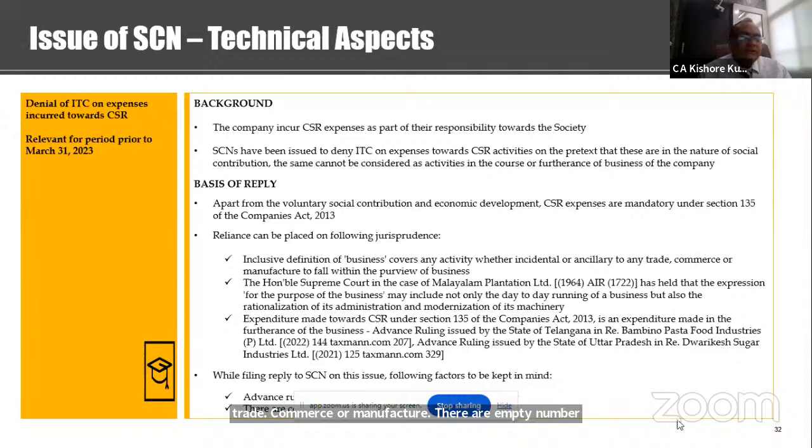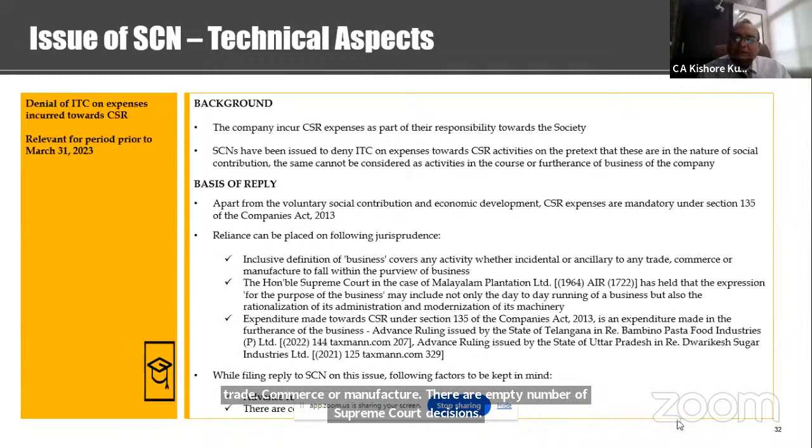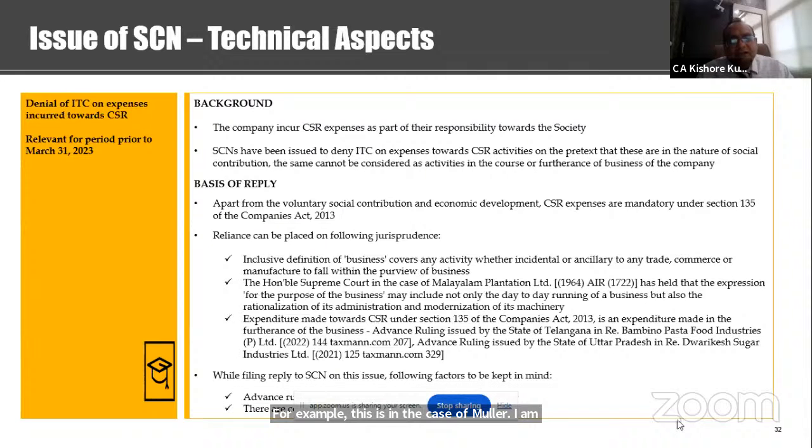For example, the decision in the case of Malayalam Plantations Limited, which clearly says that for the purposes of business, it may not include only day-to-day running of business, but it also includes rationalization of the administration, modernization of machinery, or any such activities. So any ancillary activity, any incidental activity of business definitely falls within the purview of business, and any such expenses are definitely considered to be an expense done in the course or furtherance of business.